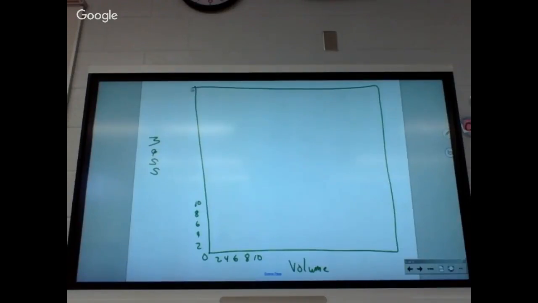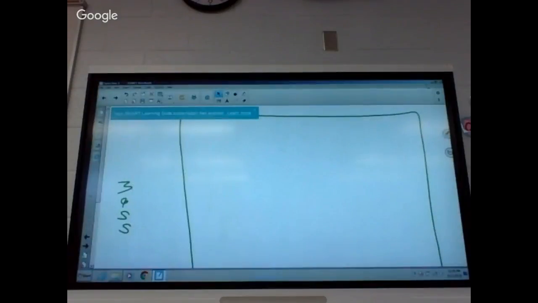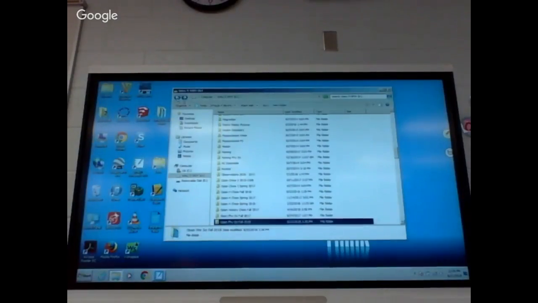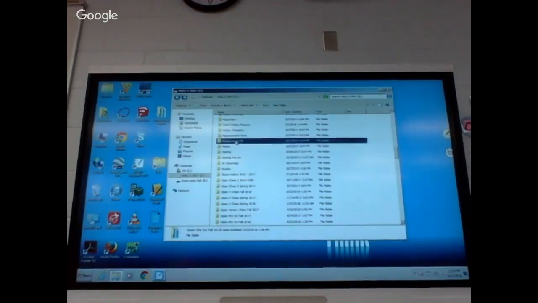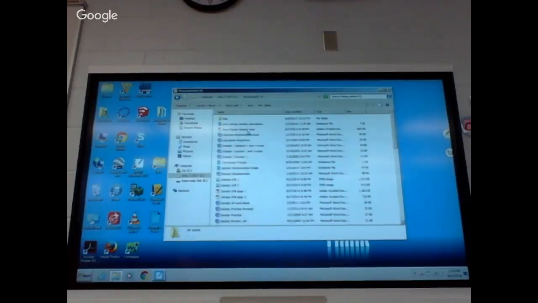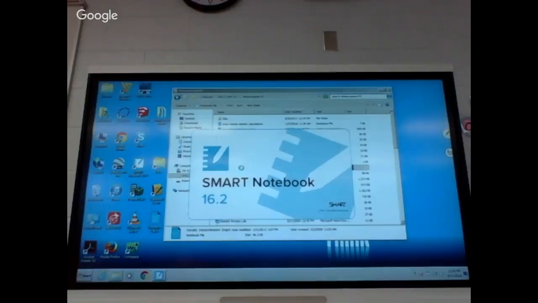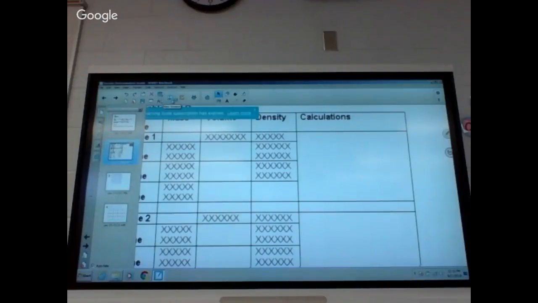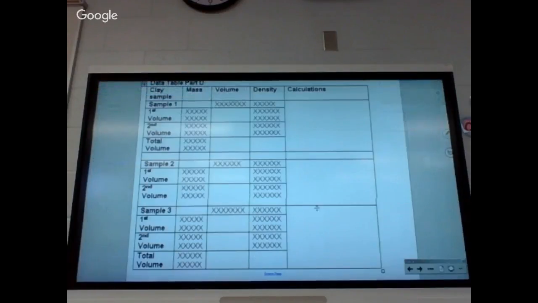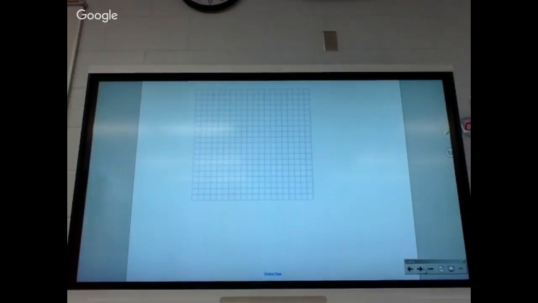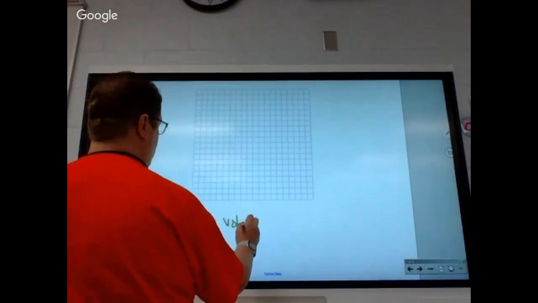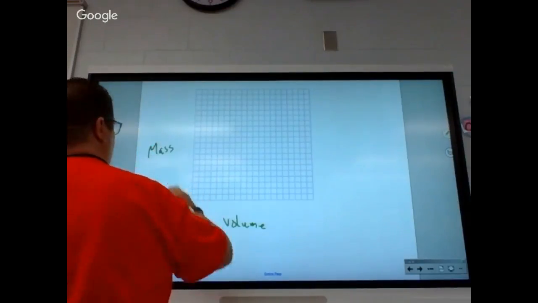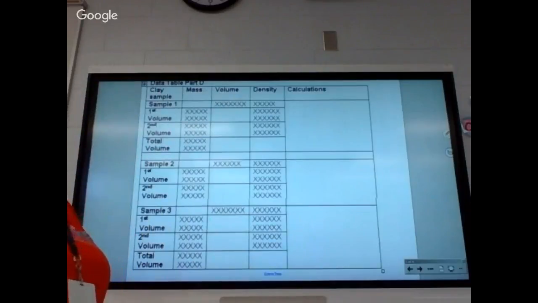All right, you got it numbered? All right, so these are the points you're going to plot.